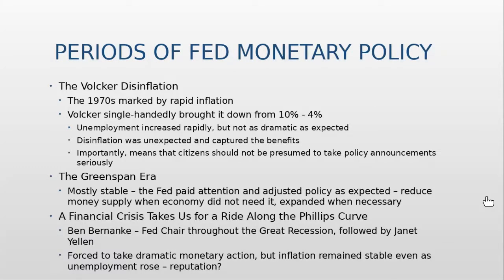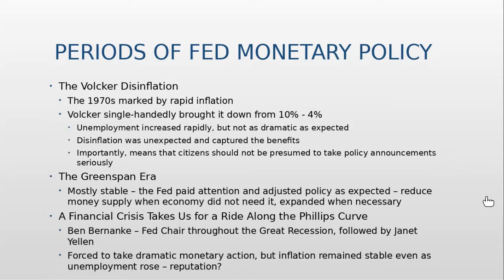Now, why do we have so much debate over this? Well, let's just consider what has happened to Federal Reserve monetary policy over time. We mentioned Paul Volcker and the Volcker disinflation. The 1970s were marked by rapid inflation, and Volcker single-handedly brought it down from 10% to 4%. That is a 60% reduction in the inflation rate.